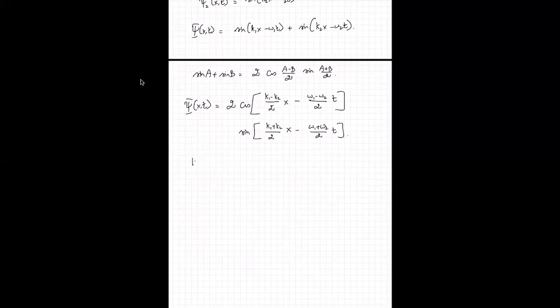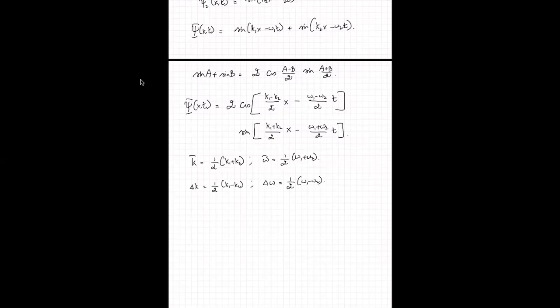So I will define k bar as the average, 1/2 (k1 plus k2), and I will define omega bar as 1/2 (omega 1 plus omega 2). And I will define the difference to be delta k, which is 1/2 (k1 minus k2), and the difference delta omega, which is 1/2 (omega 1 minus omega 2).